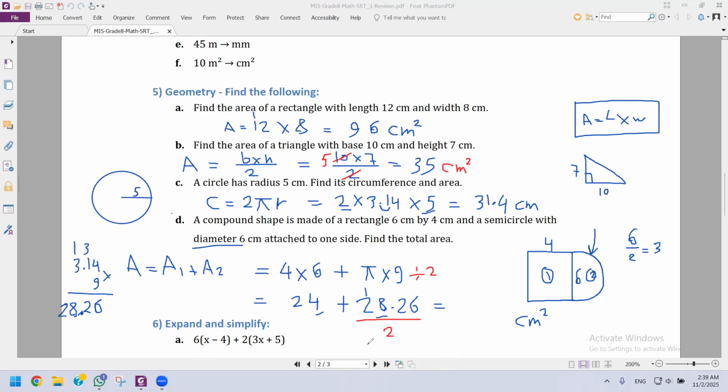It will be 14.13. Now let's do the addition. 0.13 will stay the same. 4 plus 4, 8. 1 plus 2, 3. Now it's correct. 38.14 centimeters squared. So again, why did I divide by 2 here? Because the formula was pi r squared, but they said it's a semicircle, not a full circle.